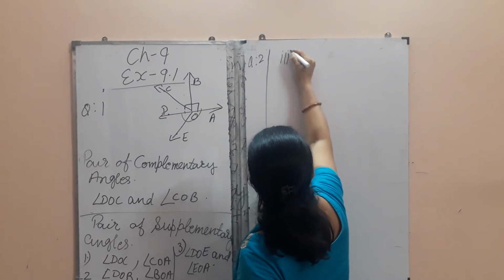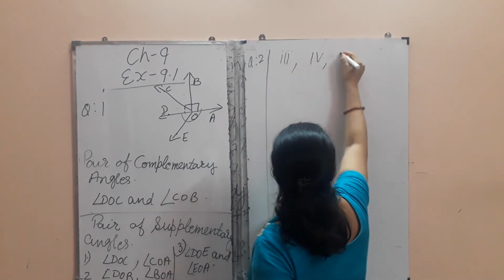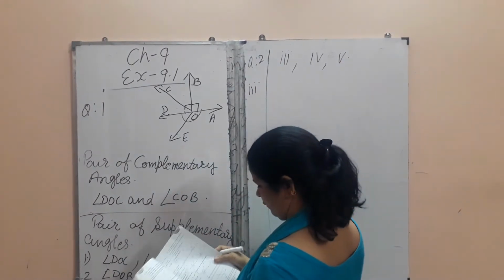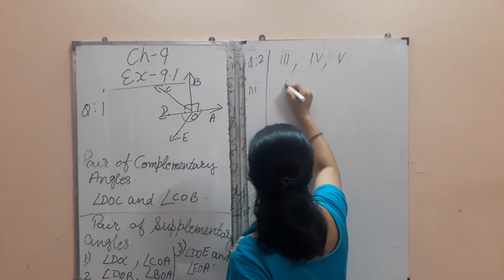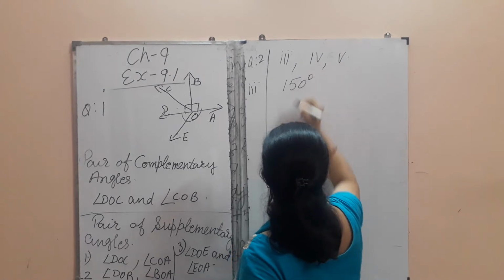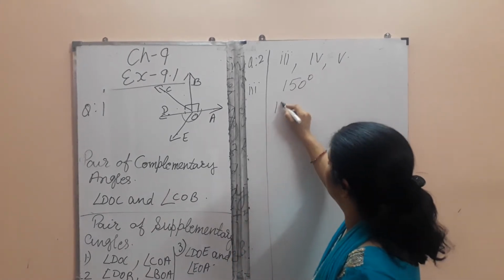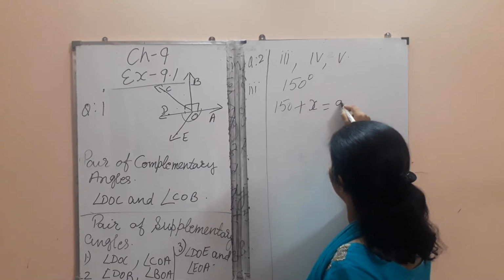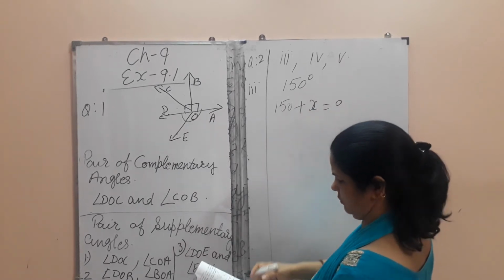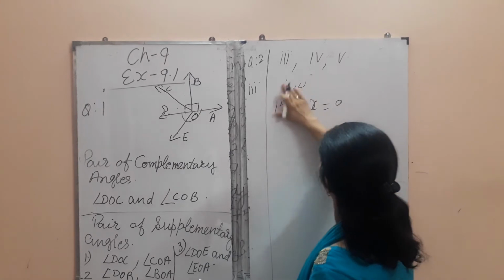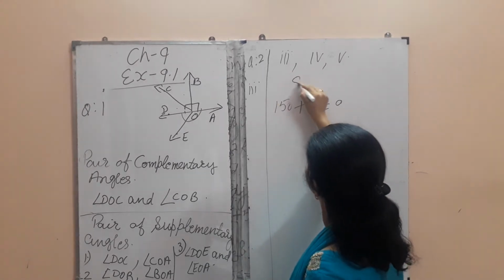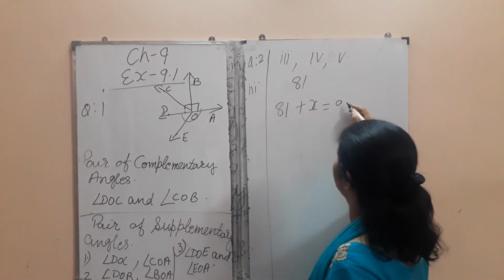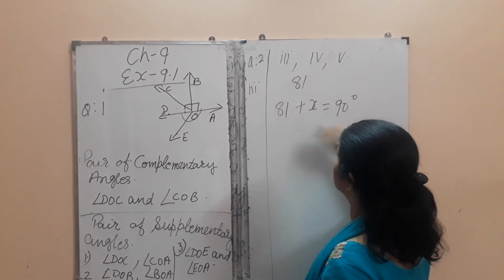The third is 81 degrees. 81 plus its complement will make 90 degrees.